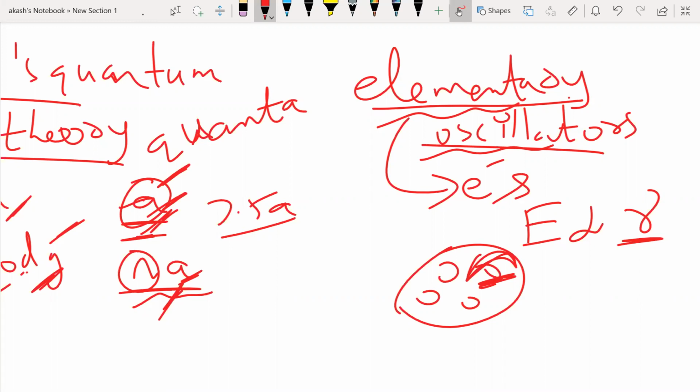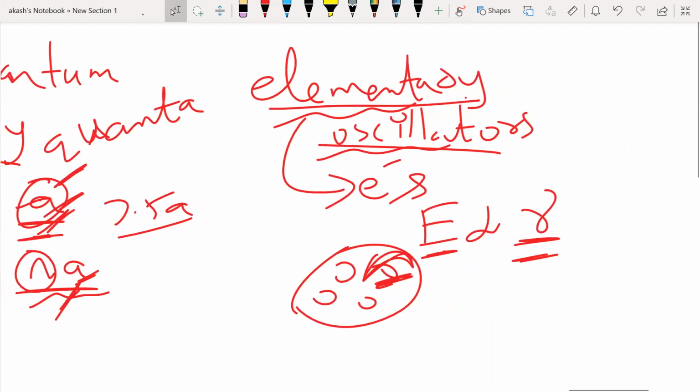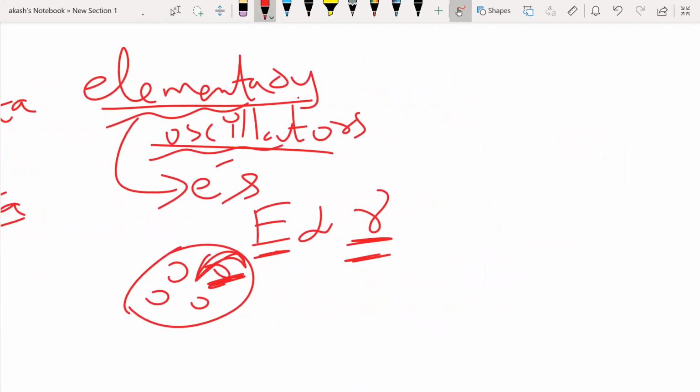So the energy of these elementary oscillators or electrons is directly proportional to the frequency at which they oscillate. To remove the proportionality sign, I have E = h nu, where h is what is called Planck's constant. This is how E = h nu came into the picture.